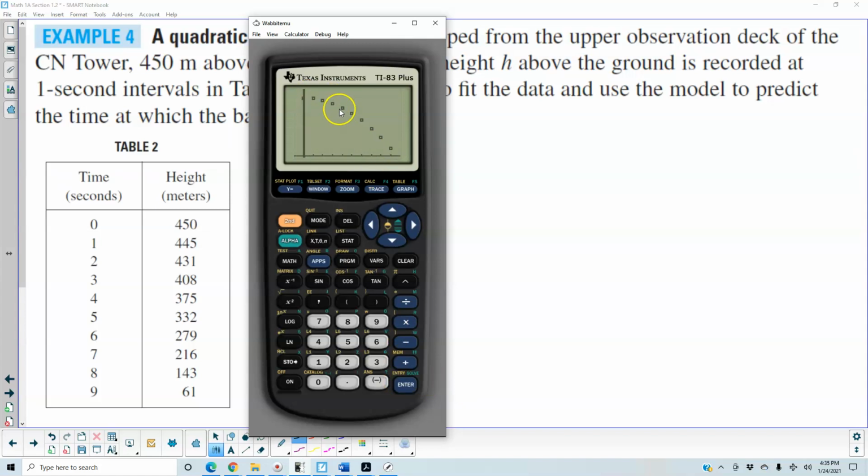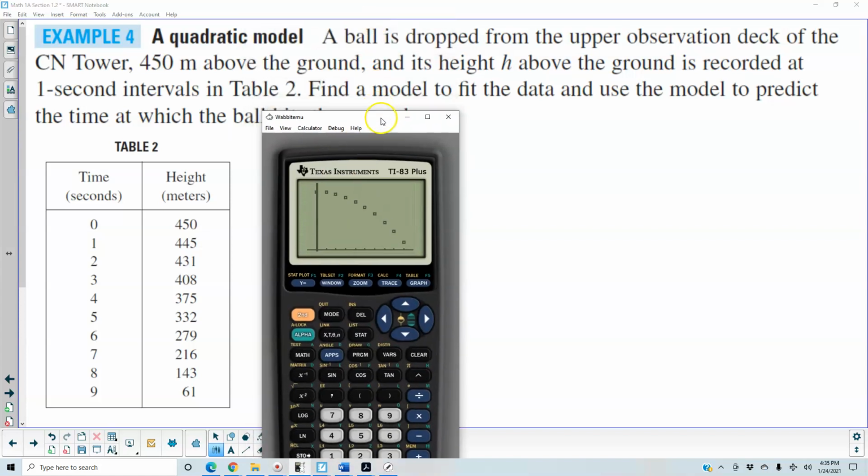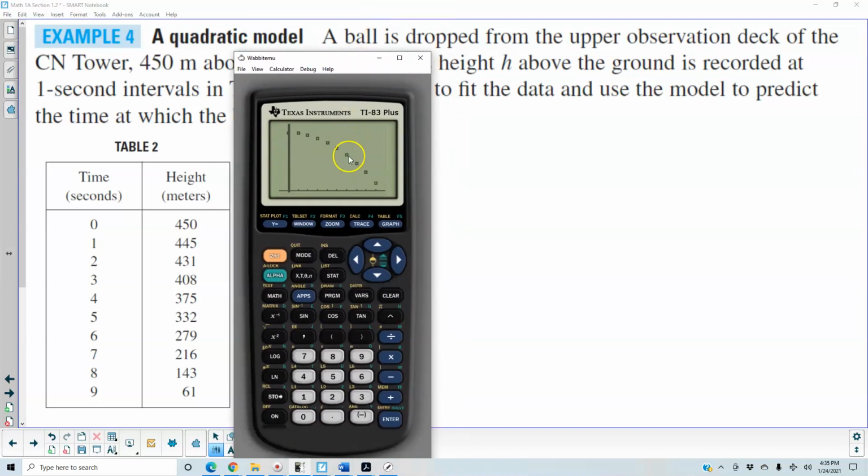So it forms sort of a quadratic function. And this is what our graph looks like. What we want to figure out is what this model is. Rather than trying to figure this out by hand, we can use a function on our calculator to find those values.